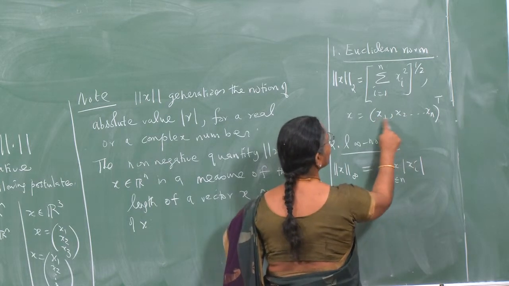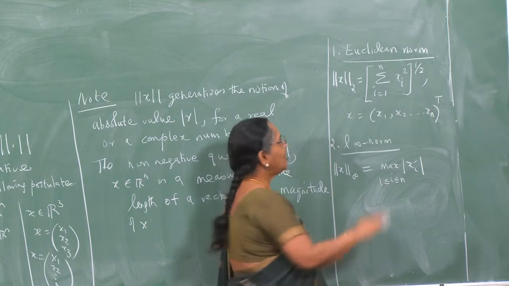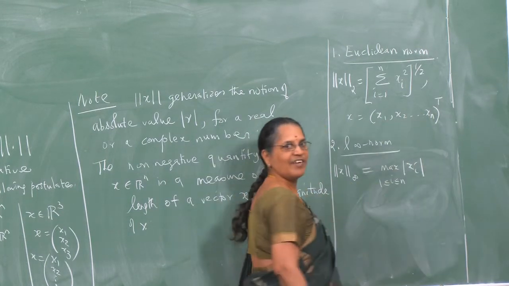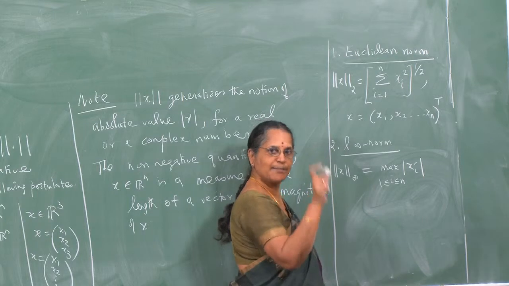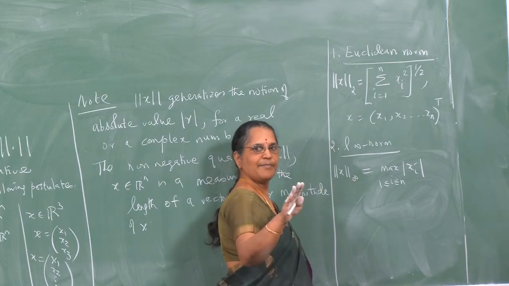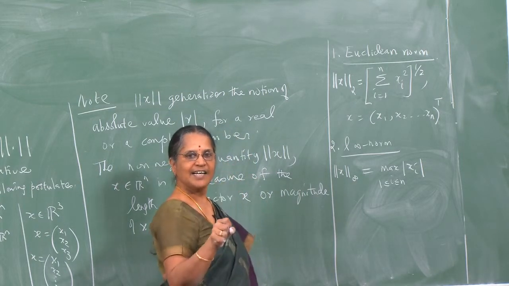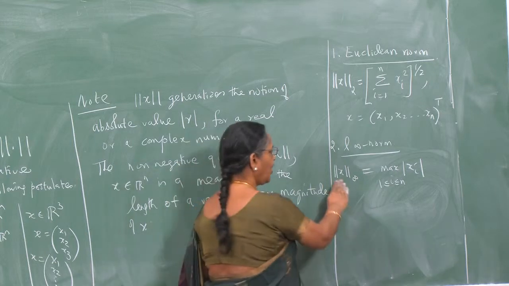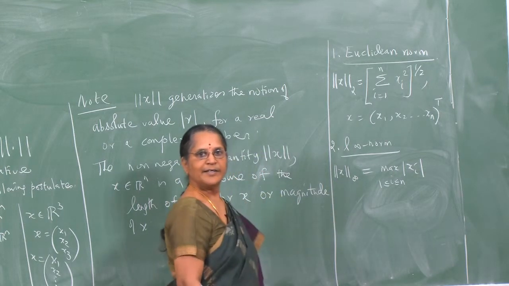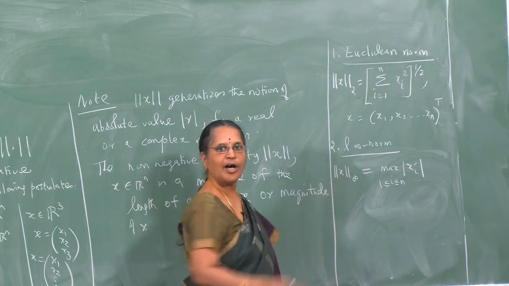So, I look at the vector x, which is given to me, and I look at all the components of vector x. Take the absolute value of each of these components. From among them, I see which is the maximum. I take that and I call that norm x infinity. If I do that, then I have defined the L infinity norm on V.